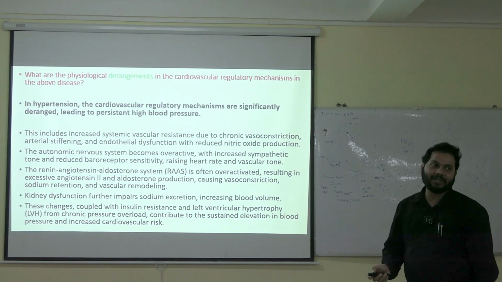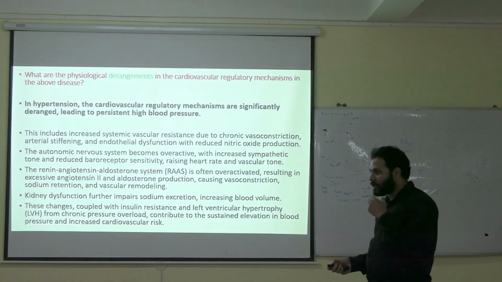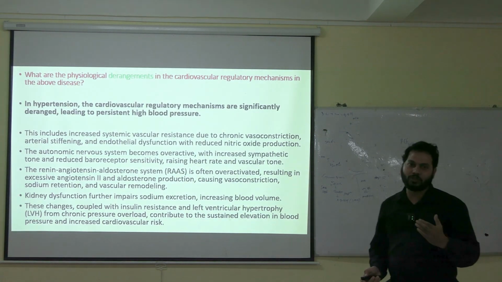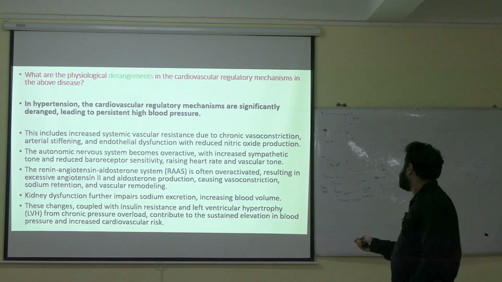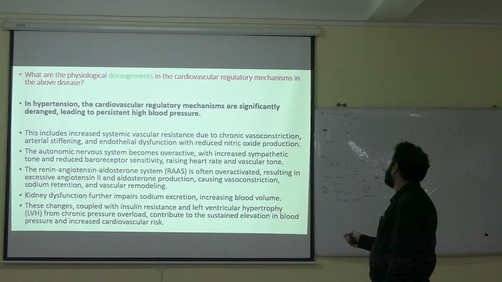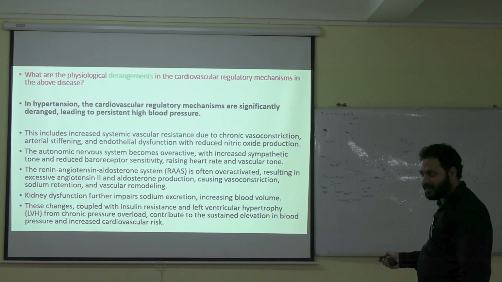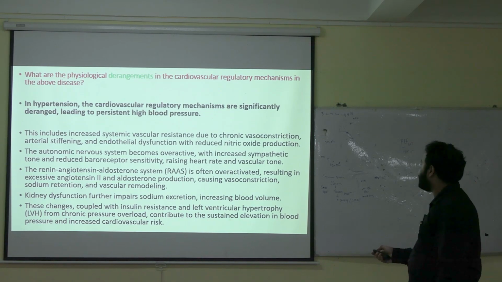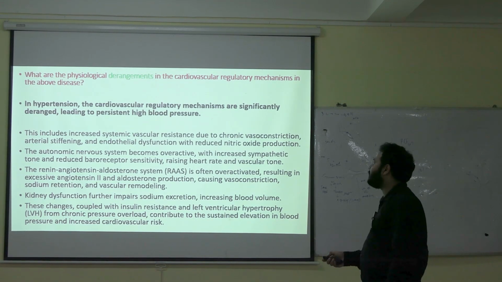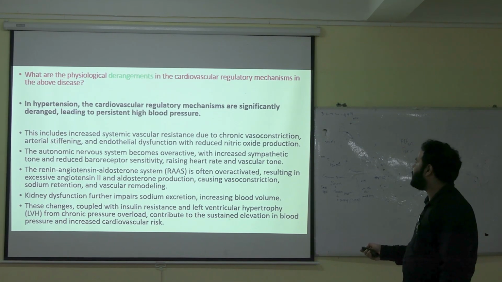So if the resistance is high, obviously the pressure exertion onto the vessel wall will be more. At the same time, vascular resistance is mainly due to the constrictions of the blood vessels, right? And not only the constrictions of the blood vessels, arterial stiffening is also another important cause for the vascular resistance.